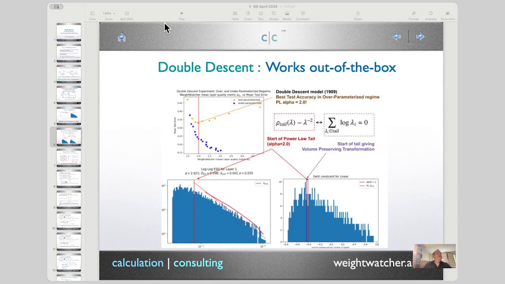Let me see if I can change the window sharing. Sharing screen. Stop streaming. Make selection. Share this window.